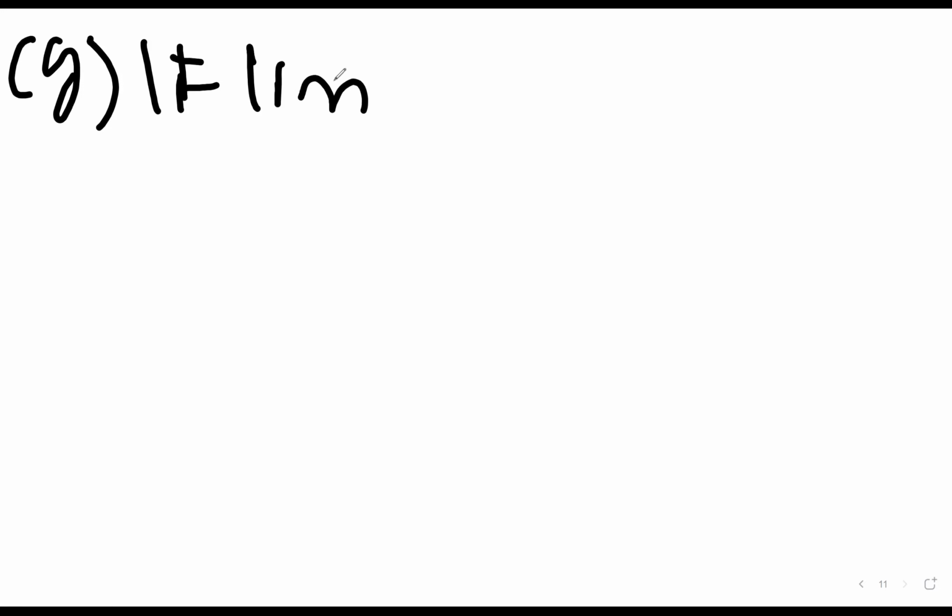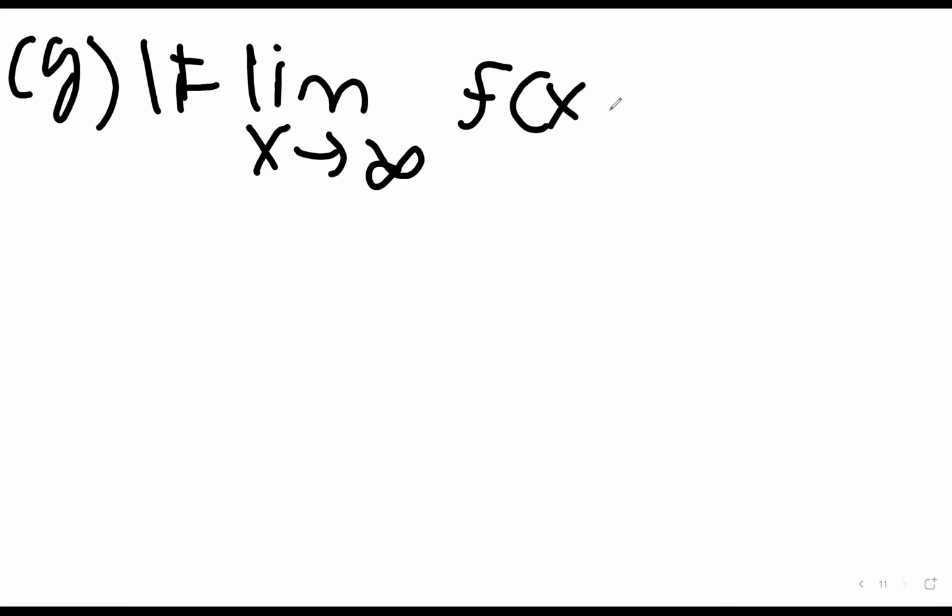The answer is the horizontal asymptote of f is the line y equals 2. So this one is the limit at infinity: the limit of f of x equals 2.